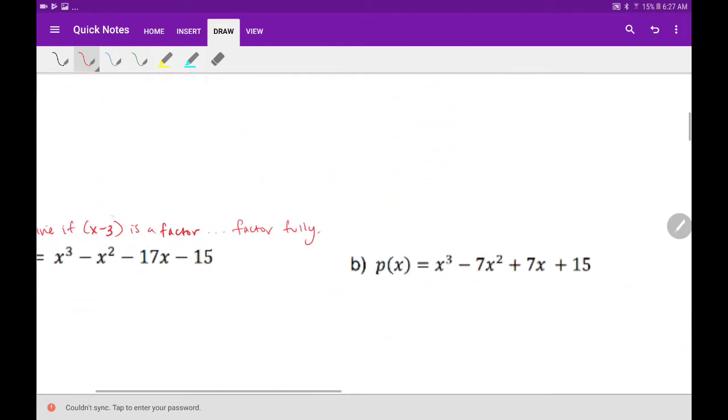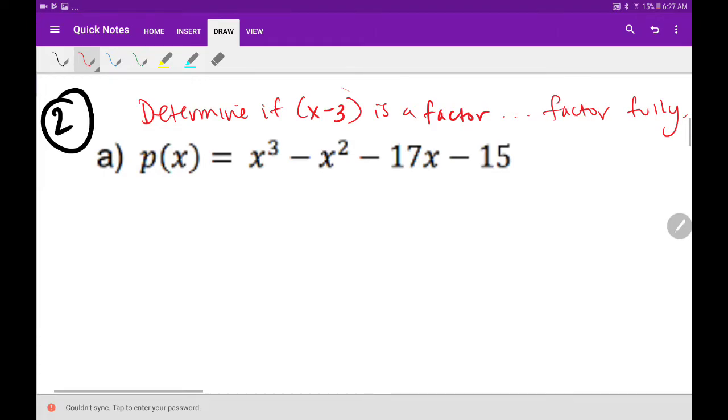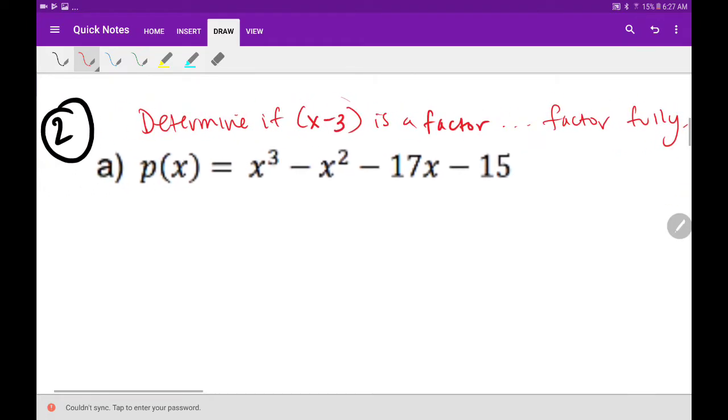All right, let's move to number 2. 2 says, determine if x minus 3 is a factor. And if it is a factor, then continue factoring it all the way, right? Factor completely. Well, to be a factor means that you multiply evenly into something.